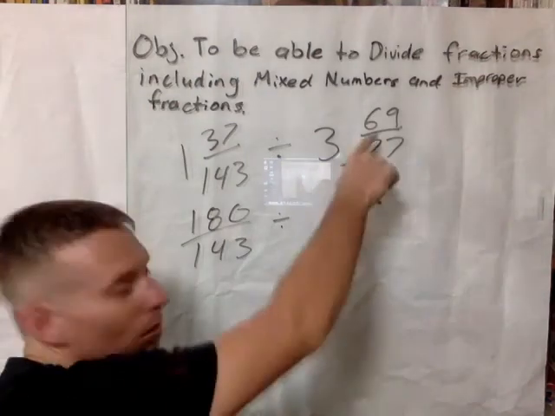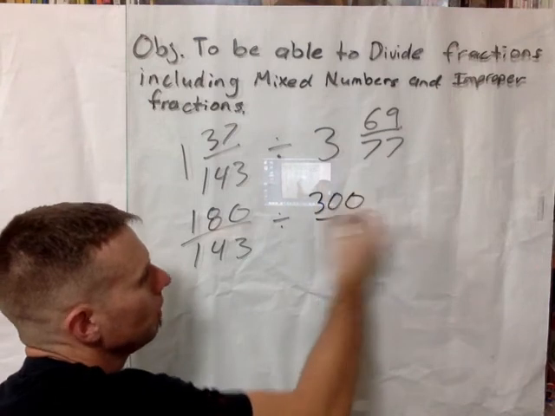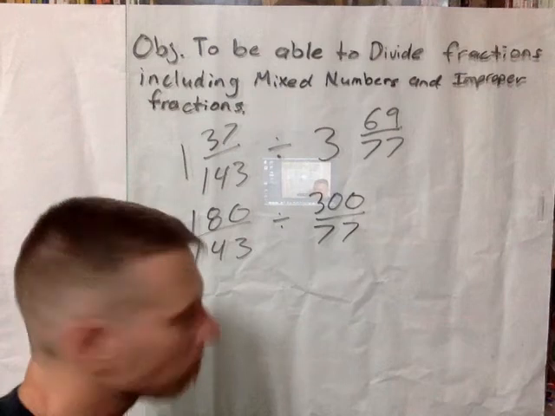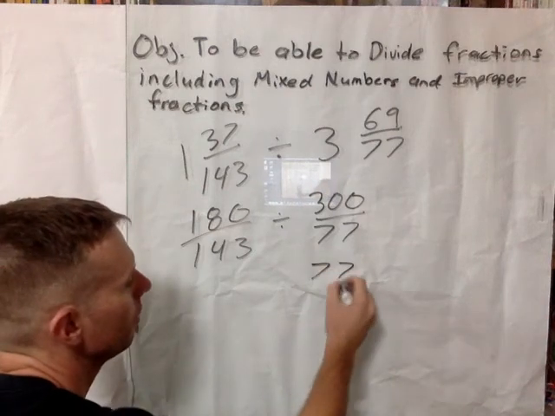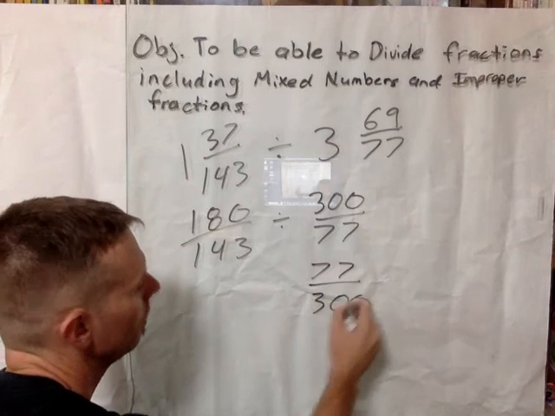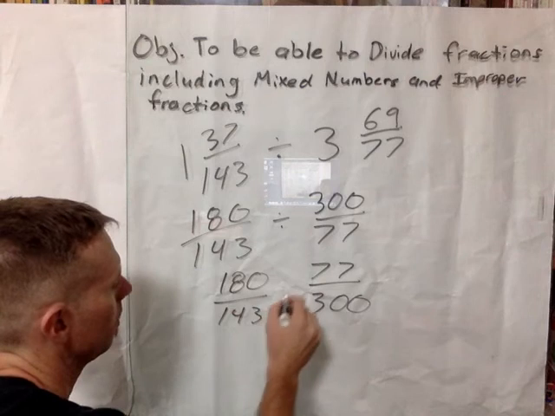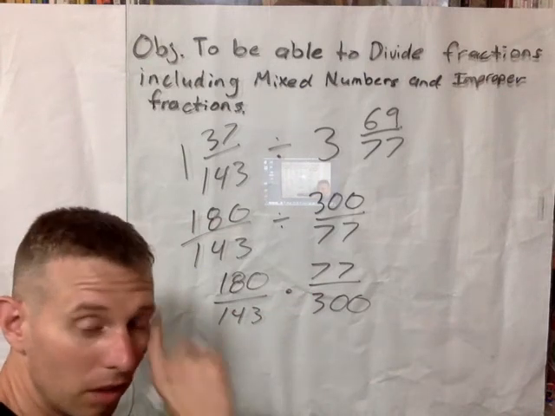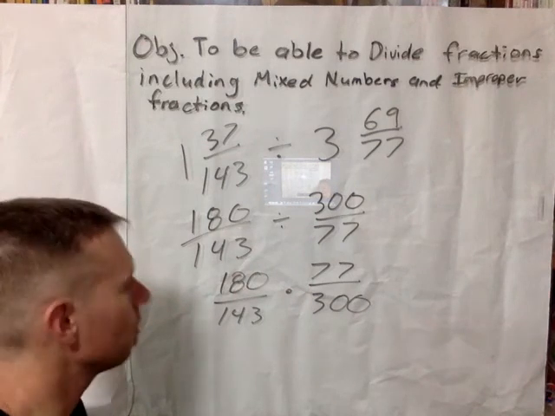And then 231 plus 69 gives us also a nice even 300 over 77. We're going to flip this fraction upside down, take the reciprocal, and then change that to multiplication. Now, I know that a lot of you guys can see some of these things that cancel, but let's just go through the motions here.